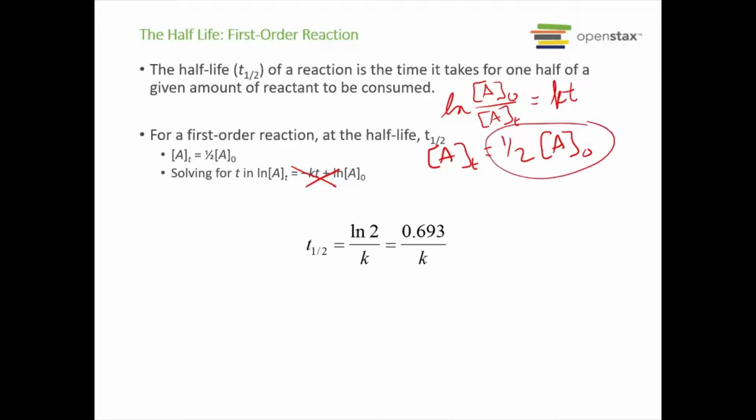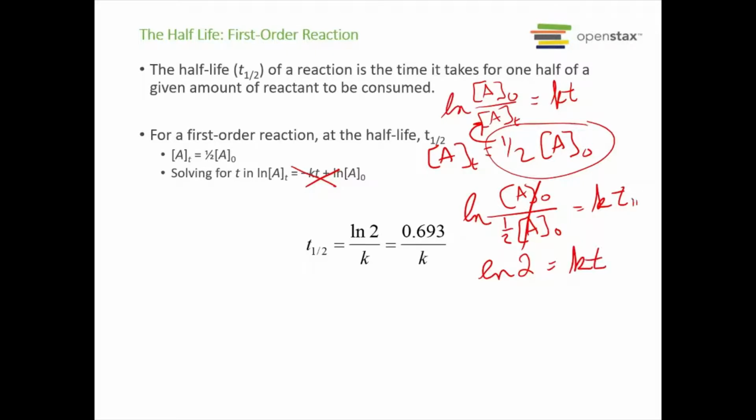So after a half-life happens, we have half of our initial concentration. So we can substitute that into our equation. We get the natural log of A naught divided by 1/2 times A naught equals kt. So our A naughts cancel. 1 over 1/2 means we have the natural log of 2 is equal to kt, and we call this kt 1/2 since we're talking about a half-life here. And we get t 1/2 equals the natural log of 2 divided by k.